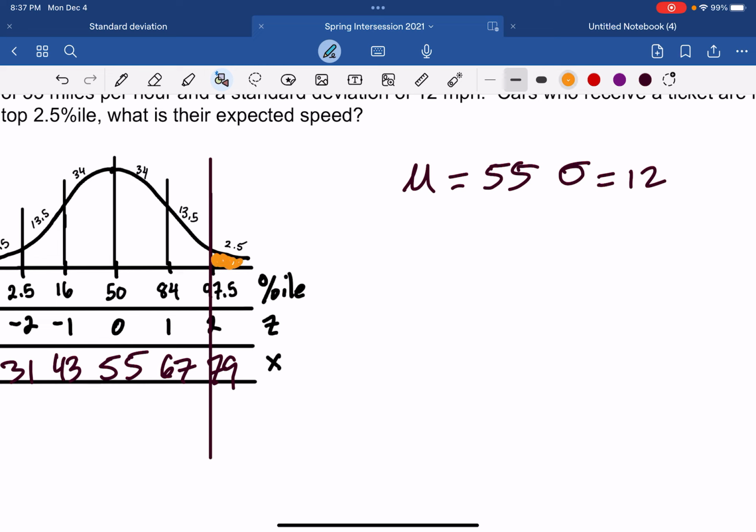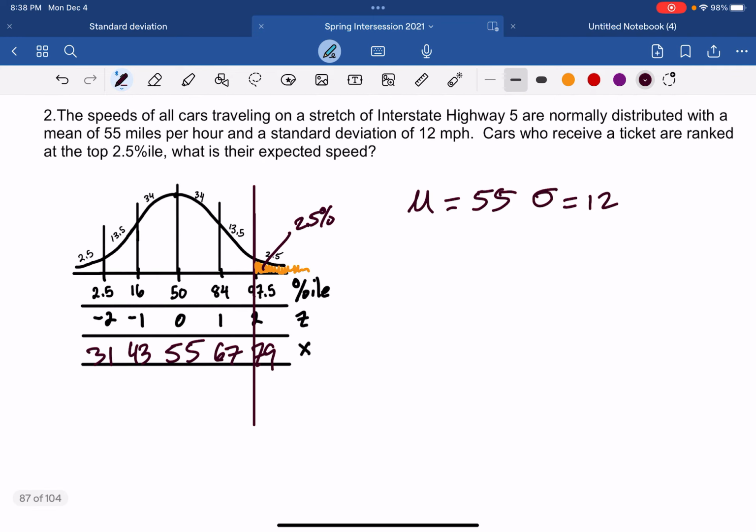This piece right here is the top, and of course this keeps going, but this is the 2.5 percentile. This is the shaded piece. The top, now, that's very important.